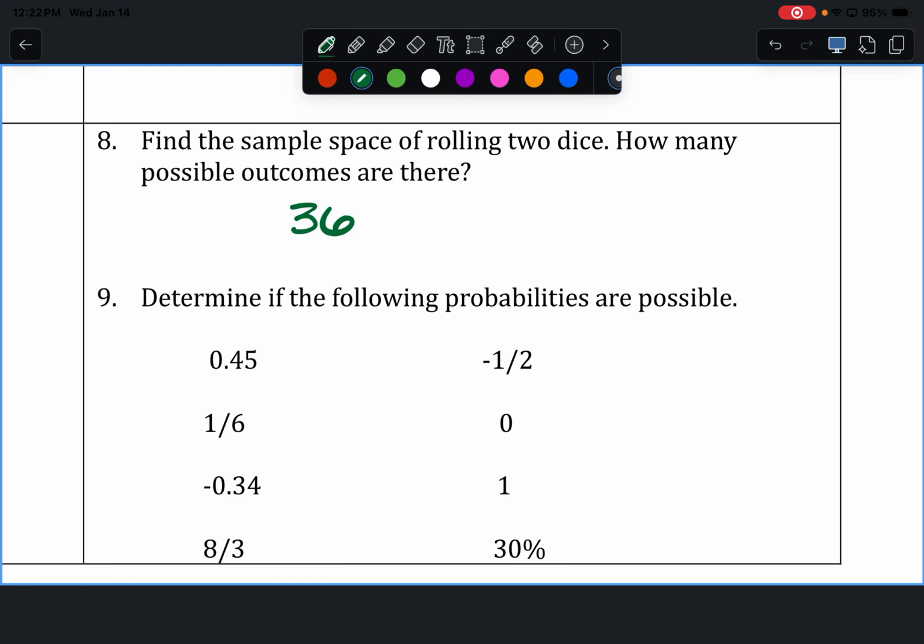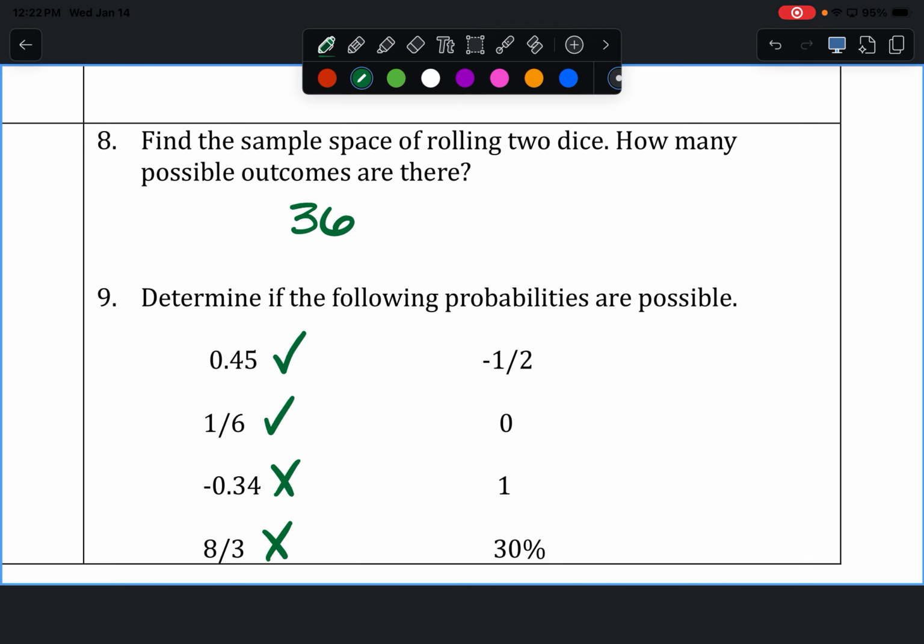So now we're going to determine whether or not probabilities are possible, okay? So this is just, what do we know that probabilities have to be between? 0 and 1. So can 0.45 be a probability? Yes. Can 1/6 be a probability? Can negative 0.34? No. Can 8/3?